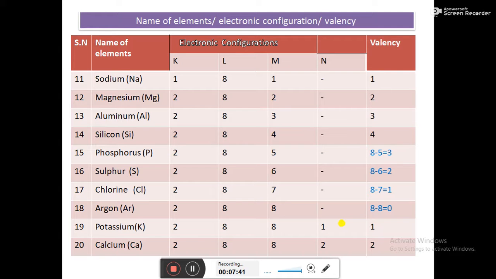Those which gain electrons are called non-metals. For example, 5, 6, 7 are called non-metals. This 8, argon, is also a non-metal. Generally, those which gain electrons are non-metals and those which lose electrons are called metals. And there comes the first of the chemical reaction. I will explain it all in the next slides.